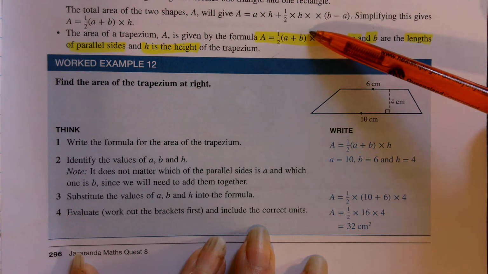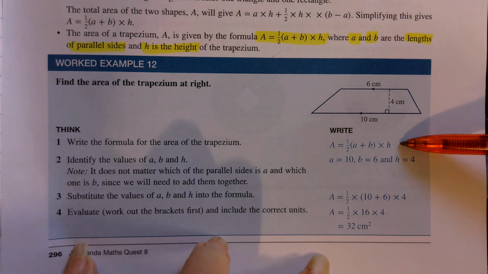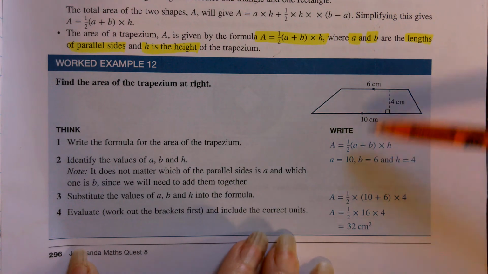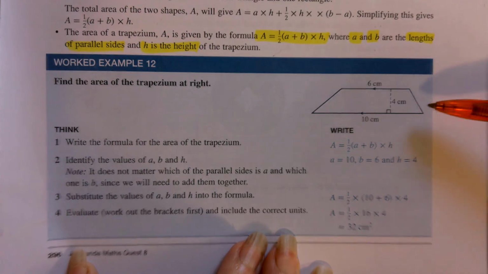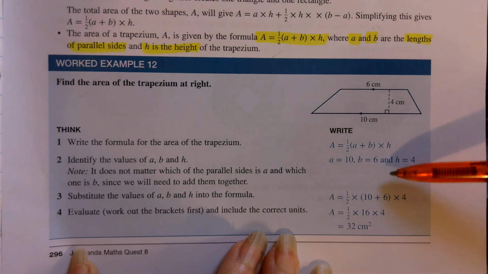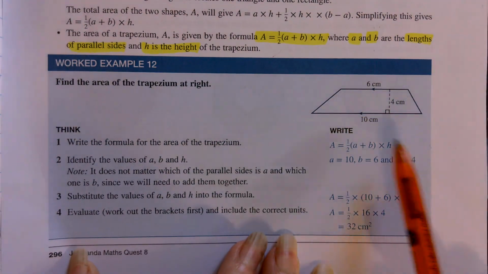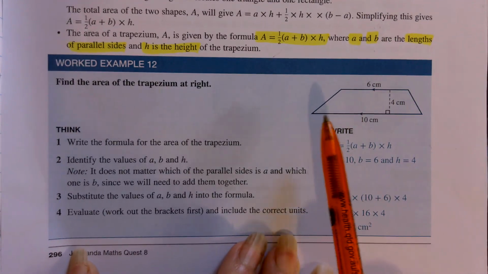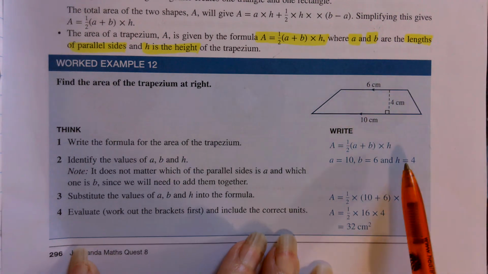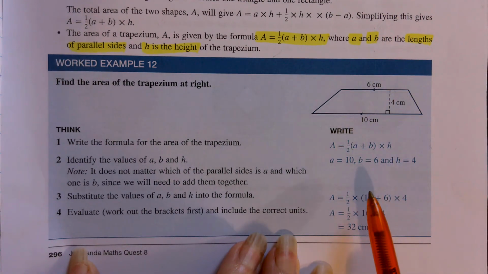So we've copied the formula exactly the same way, and then we go back to the diagram. A, being the smaller section, is 6 centimetres, B is 10 centimetres, and H is 4.